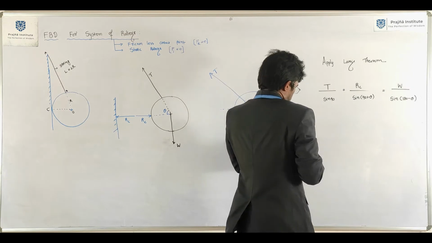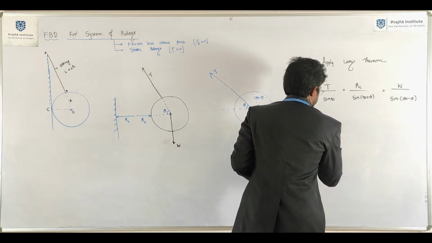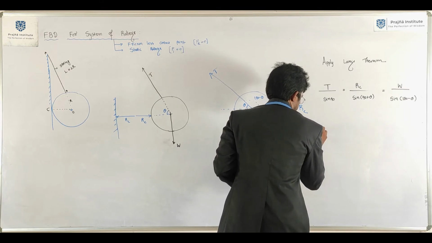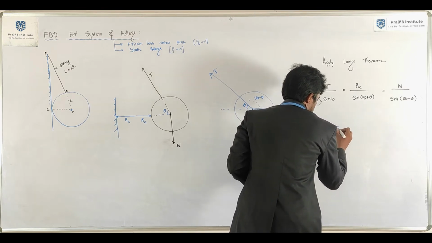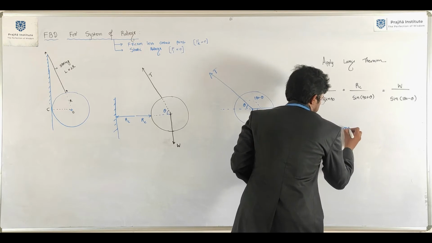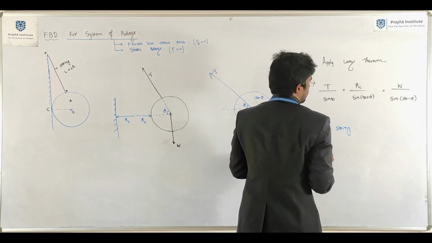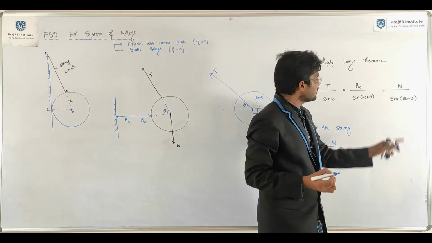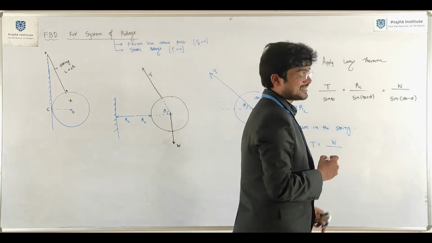Now, what is the tension in the string? Tension in the string T equals W by sin 90, then W by sin (180 minus theta).